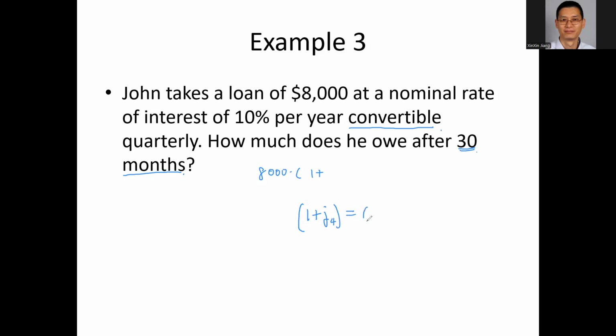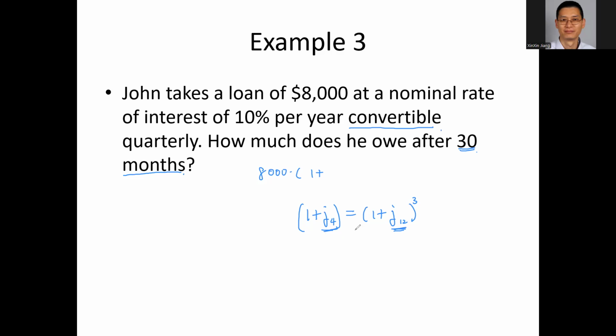That will be equal to 1 plus J12, that's the monthly rate, to the fourth. Okay, you have this relation. They are all effective rates. This is monthly, this is quarterly. A quarter has, sorry, to the third. 3 months, 1 quarter.